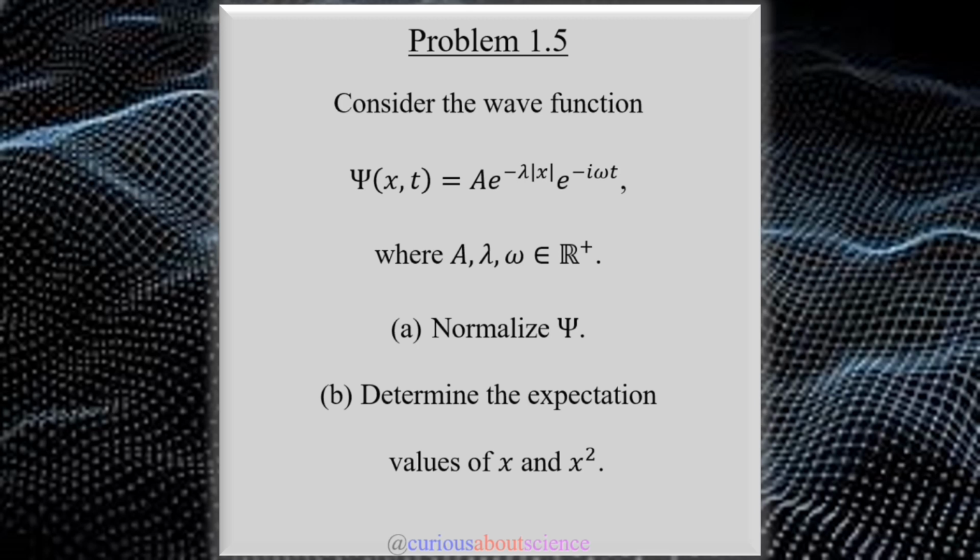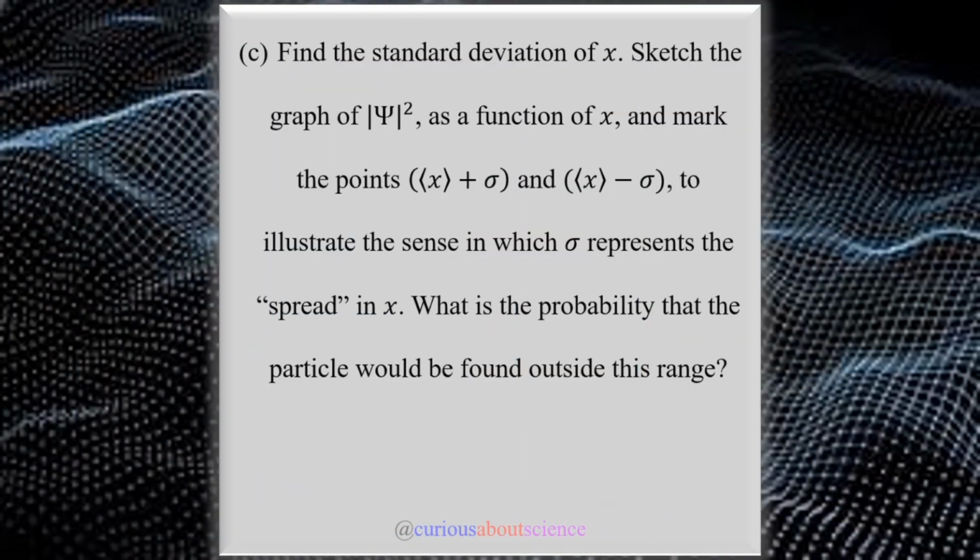Part A, normalize this wave function, and B, determine the expectation values of x and x squared. Good thing we've seen those before. Part C, find the standard deviation of x.